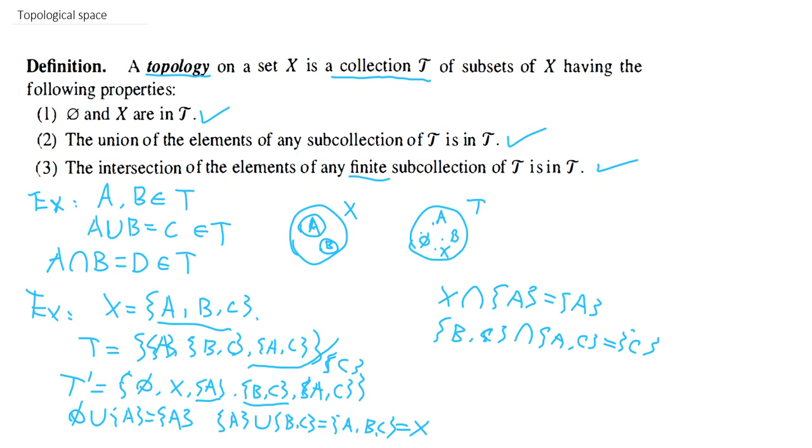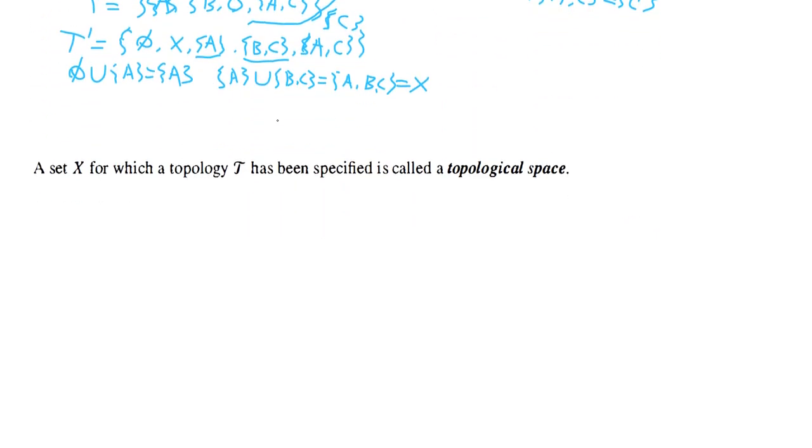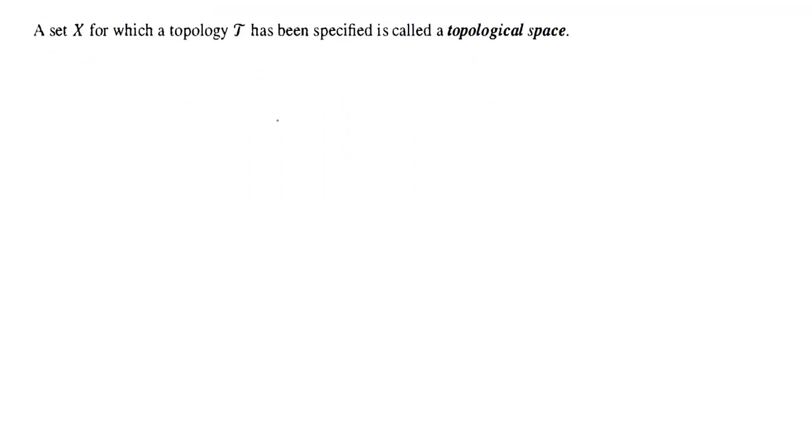Okay, so this is a definition of topology. Next, let's look at what a topological space is. It says that a set X for which a topology T has been specified is called a topological space.